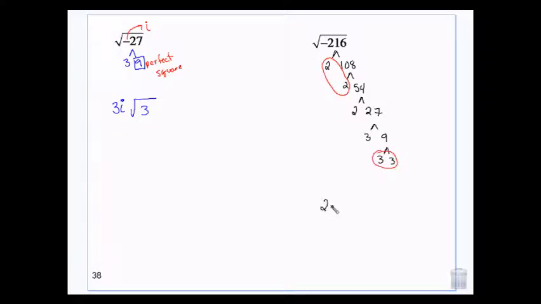So I bring out a 2 and a 3 and an i because of the negative. We can't ever leave the negative behind. It always has to be an i. And then a 2 and a 3 get left behind. Right here, these guys get left behind. So I have 6i root 6.